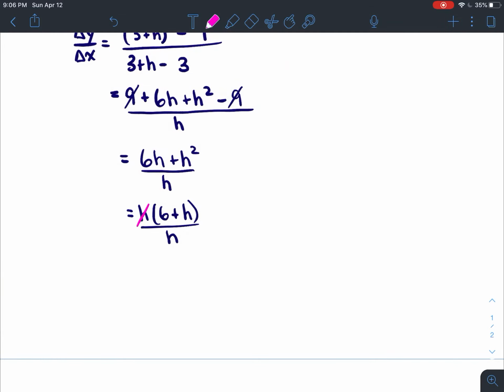And then, because I can, I'm going to cancel the 2 H's, and I'm just left with 6 plus H. Now, I don't know if you remember seeing in the video yesterday, but we talked about limits, as H approaches 0.